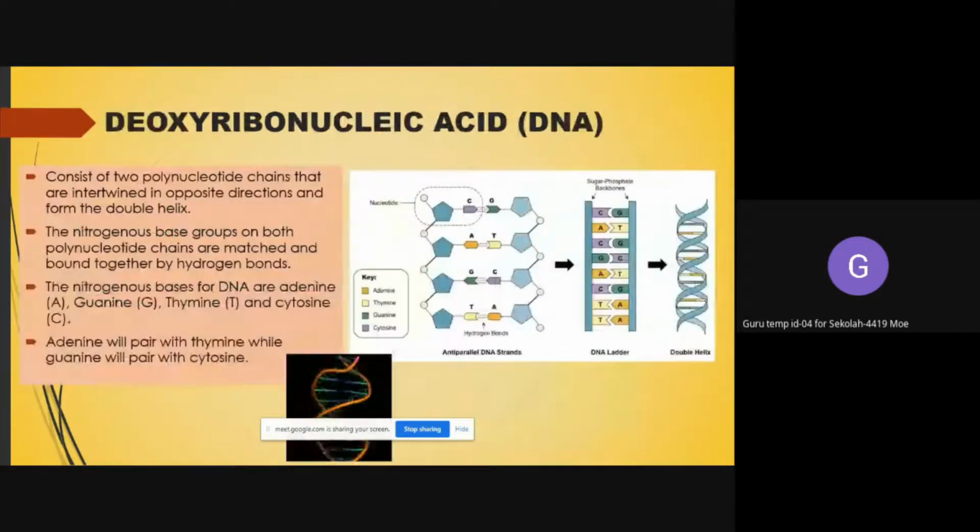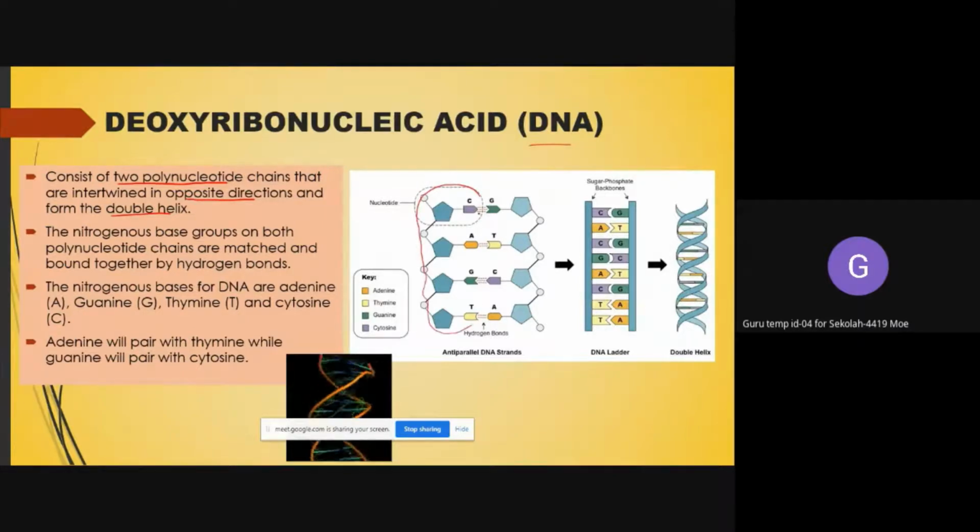So kita tengok pula deoxyribonucleic acid ataupun DNA. Consists of two polynucleotide chain that are intertwined in opposite directions and form double helix. DNA ada dua polynucleotide chain. Nampak tak dekat sini? Polynucleotide chain.